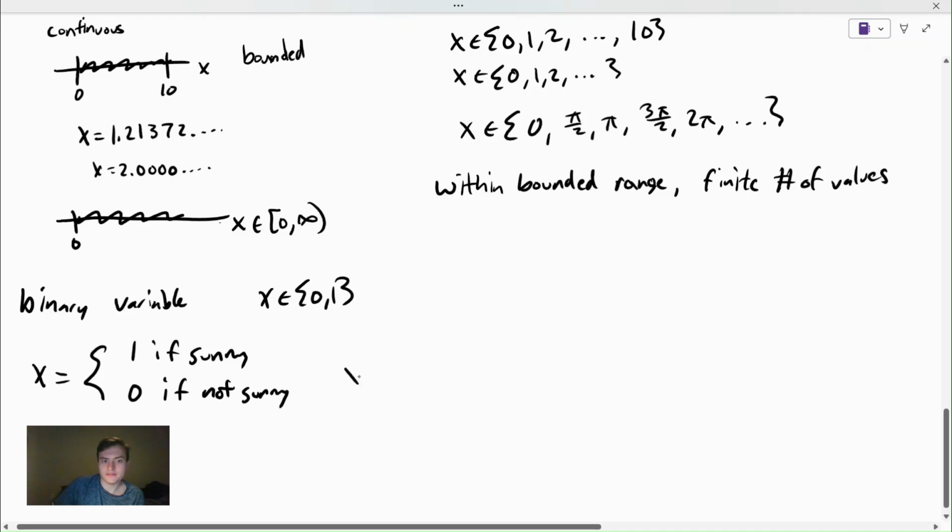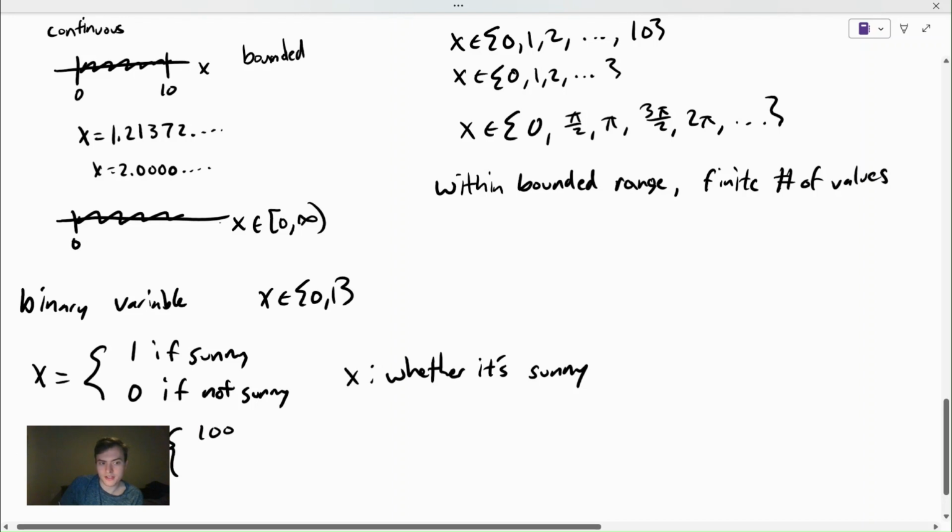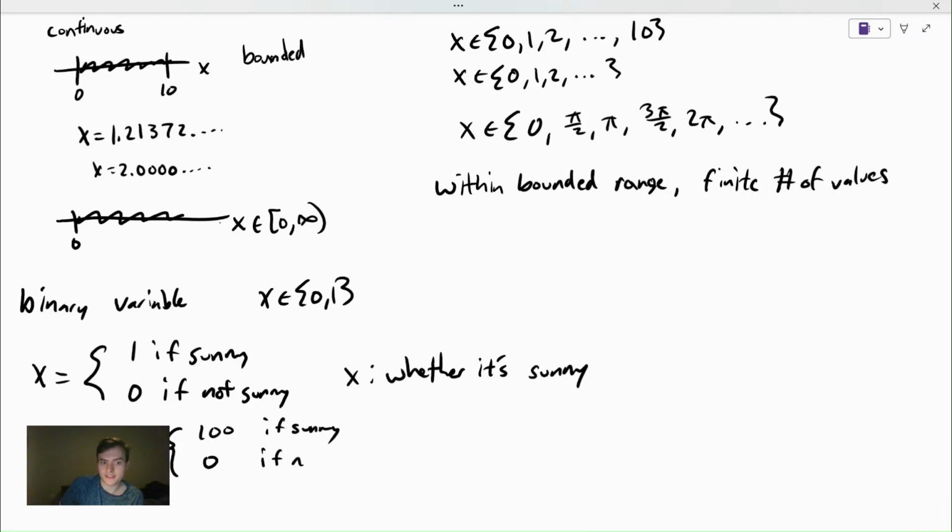And so x would represent whether it's sunny. And this works out nicely using 0 or 1 values because we could do things like 100 times x. So now this is going to be 100 if it's sunny, and it would just be 0 if it's not sunny, right? For example, we could say you earn $100 when it's sunny outside.